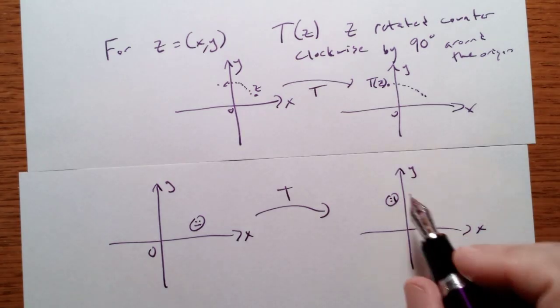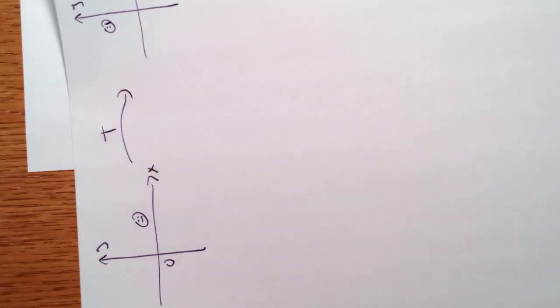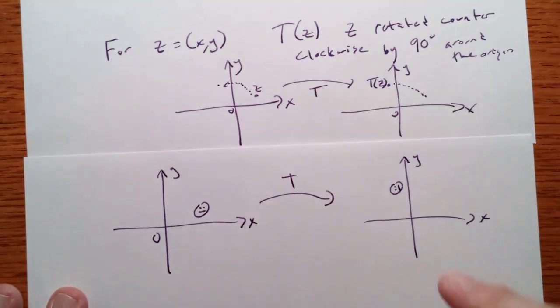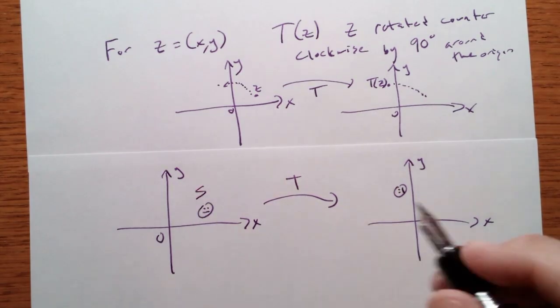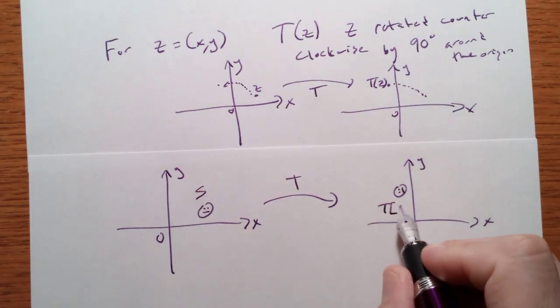See how I rotated the whole thing 90 degrees and I got my new picture? If this is my set S, this is T of S.